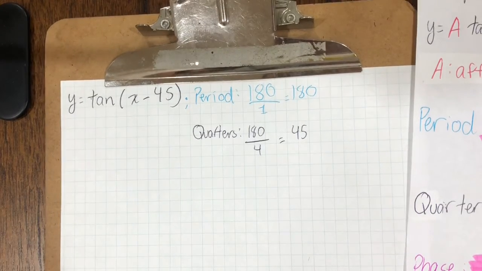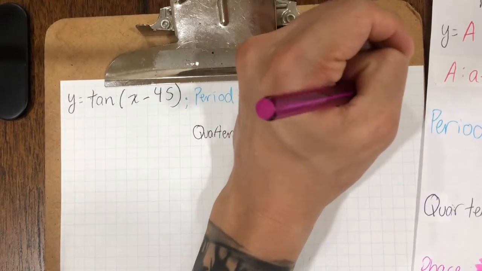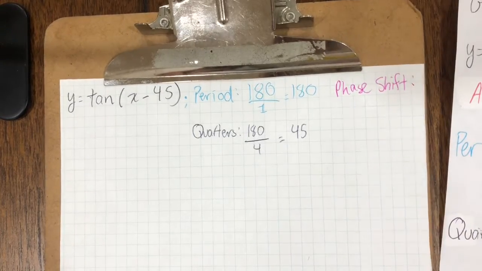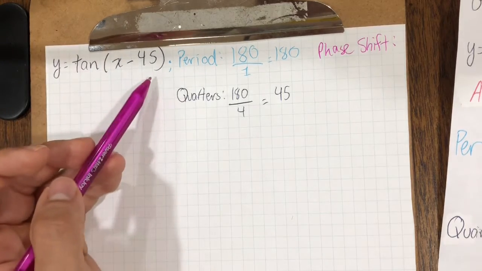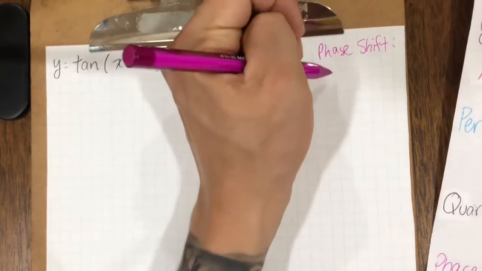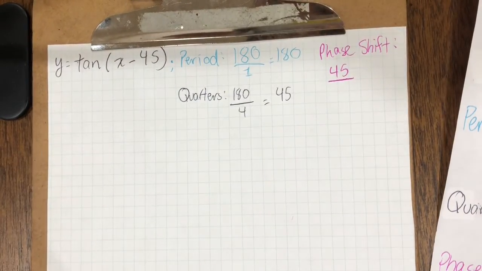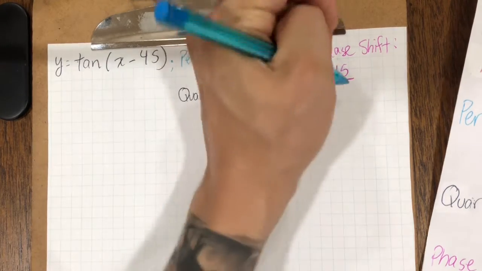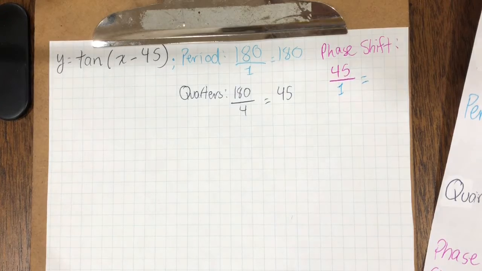And then we have one more, which is now the phase shift. For the phase shift, I take my value for C, which in this case is 45, and divide it by B, which is 1. So 45 divided by 1, and I still end up with 45 degrees.